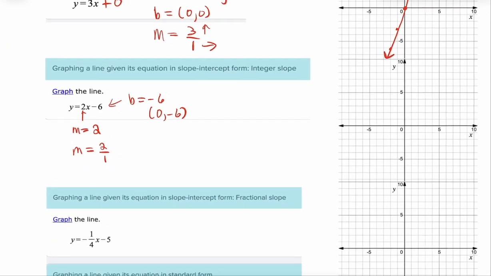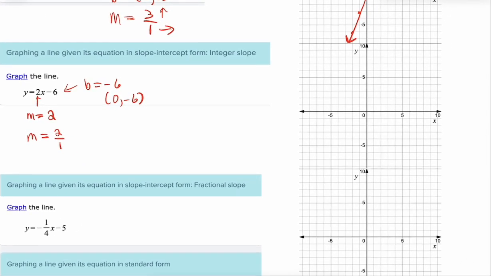So let's go over to our graph paper. Start at -6 on your y-axis. That's your y-intercept, the point (0, -6). Count up 2 to the right 1. I'm going to really stretch. I like to stretch a graph out, or a linear equation out, because a line continues on and on.